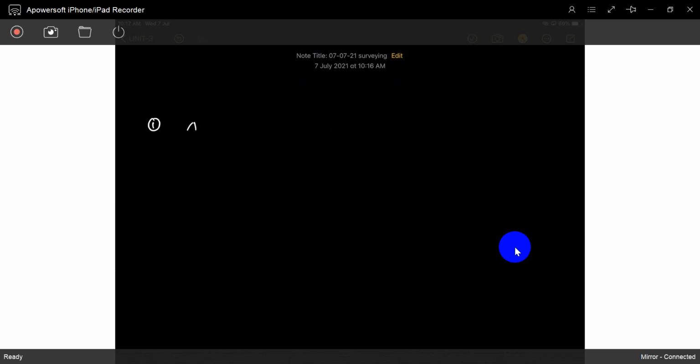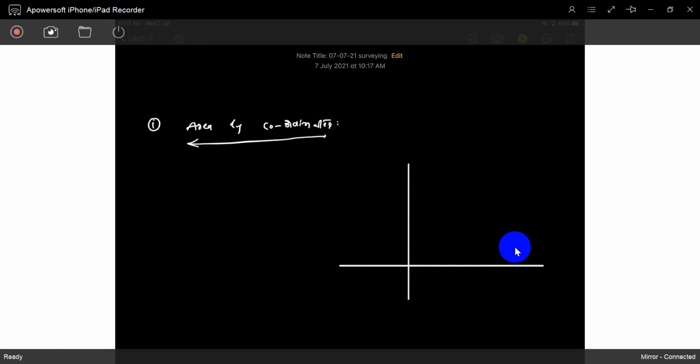Area by coordinates. If something is a fixed something, fixed 0, 0 line, you see, taken as 0, 0.